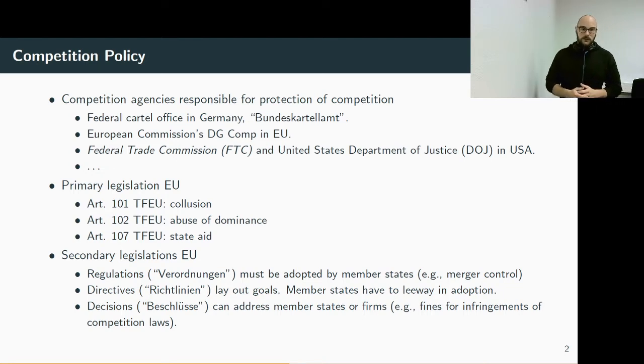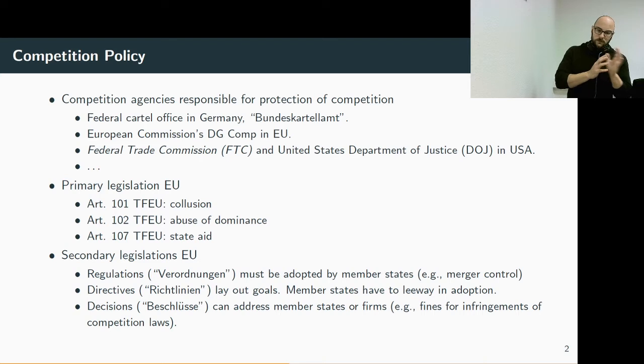As far as I know, basically every industrialized country should have something like that. And in the EU, we also have on top of that DG Comp, which is part of the European Commission, and this authority is basically responsible to prosecute infringements, or execute competition laws on EU level, right?